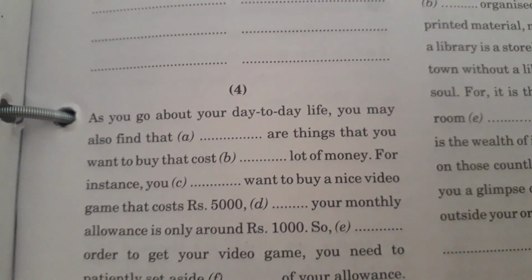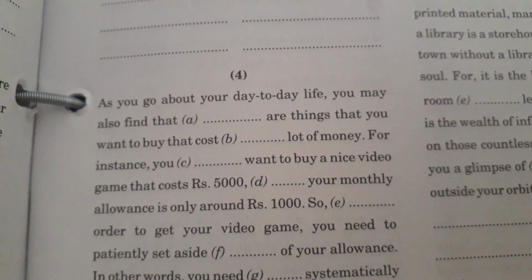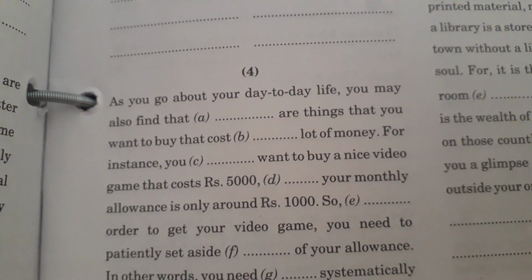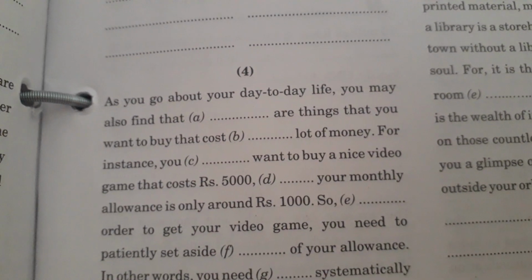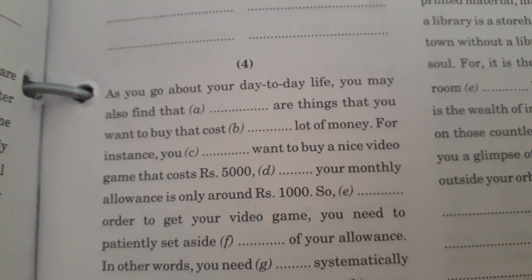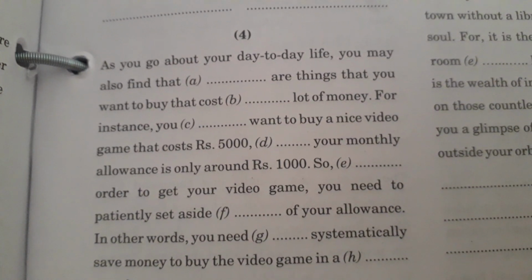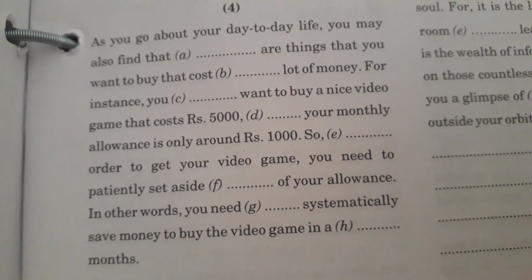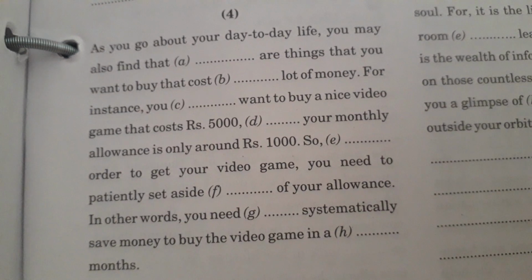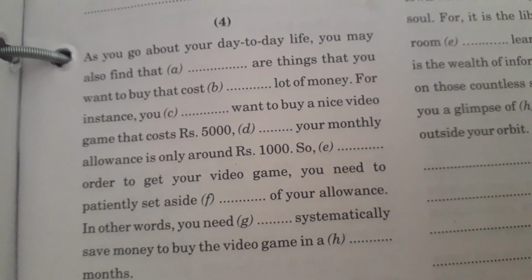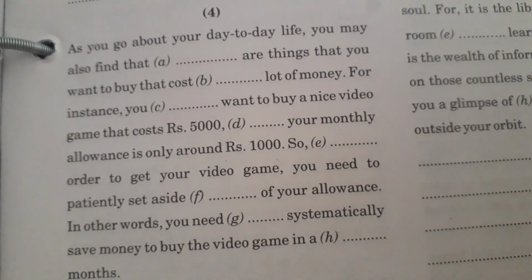For instance, you may want to buy a nice video game. When we say "for instance", we suppose "may". You may want to buy a nice video game that costs rupees 5000. But your monthly allowance is only around rupees 1000.